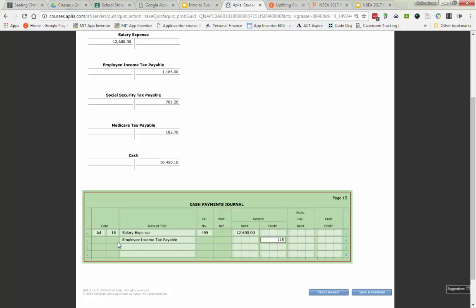Employee income tax is going to be credited. Social Security tax payable, I said expense, didn't I? I wrote the right ones and I said the wrong word. Medicare tax payable is going to be credited.